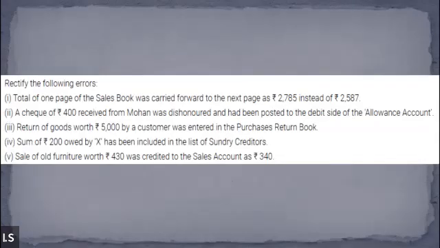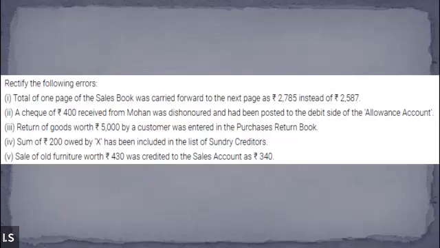All right, Alexander. So tell me the general entry for the fifth one. Sir, sales account debit to old furniture. Okay, but there will be a difference of 90 rupees, na? Yes. So in which account you will be transferring this 90 rupees?